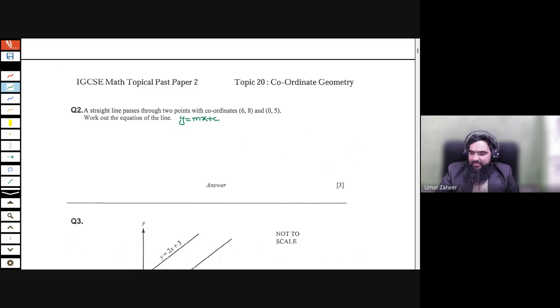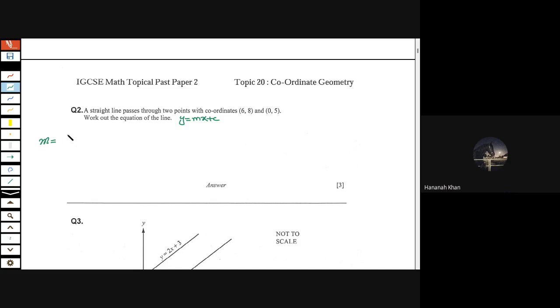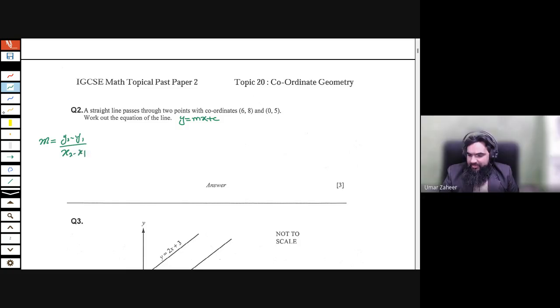Yes, Hanana, tell me how we can find the gradient. By using y2 minus y1 over x2 minus x1. All right, so you have to name the points x1, y1, x2, y2.